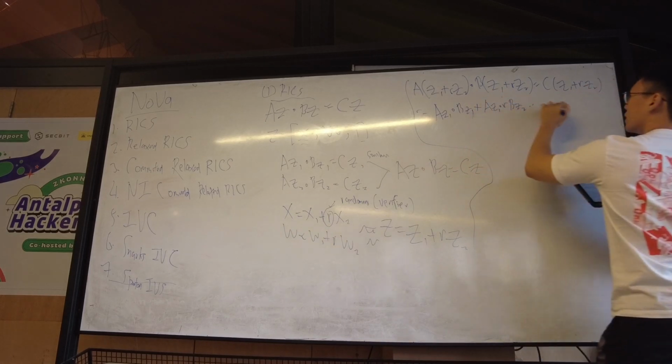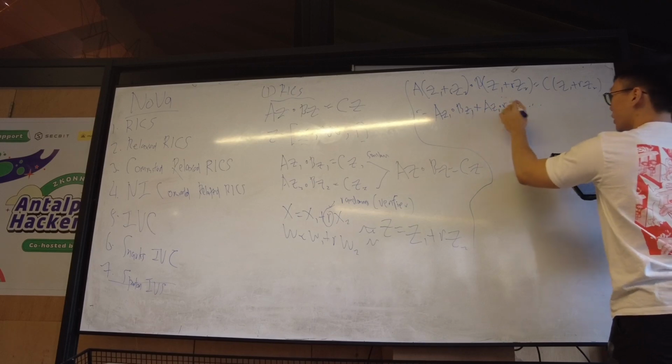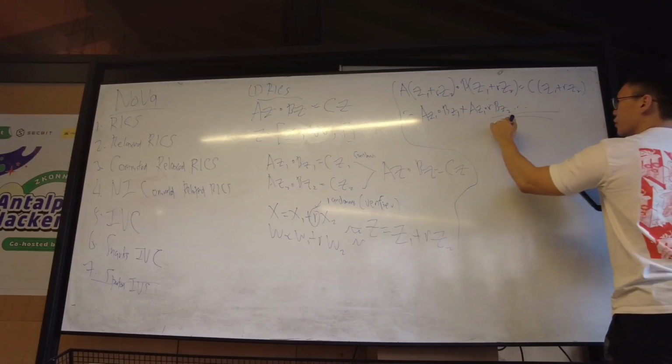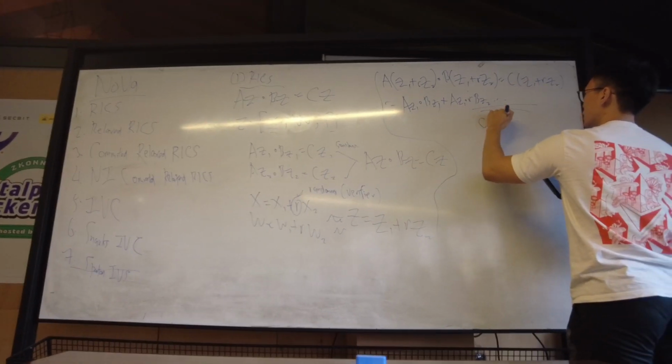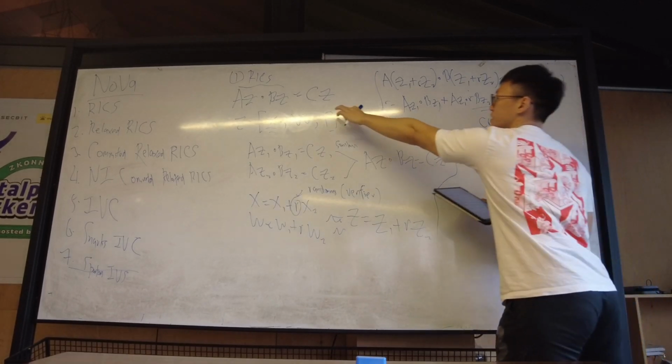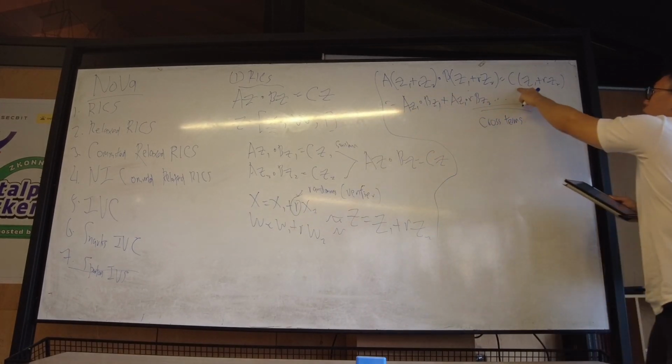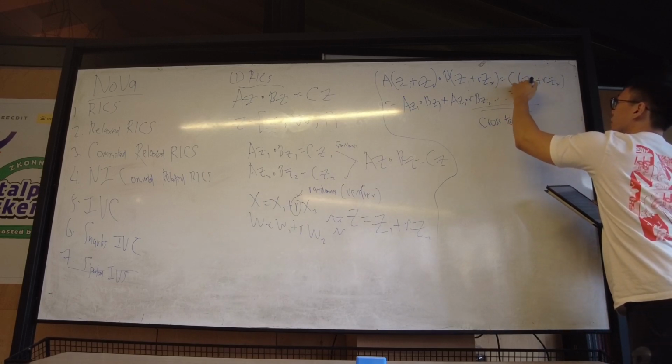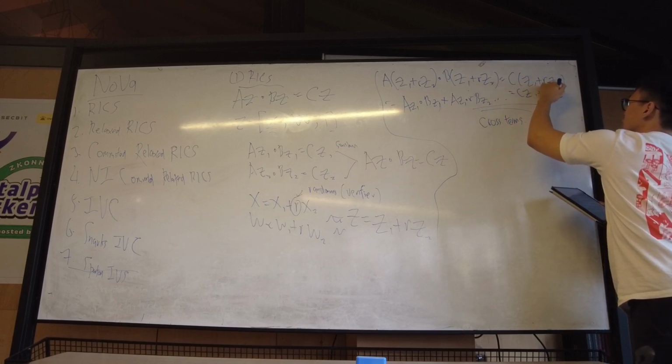The point is there's a whole bunch of what are called cross terms that wouldn't allow us to satisfy C Z1 plus R C Z2.